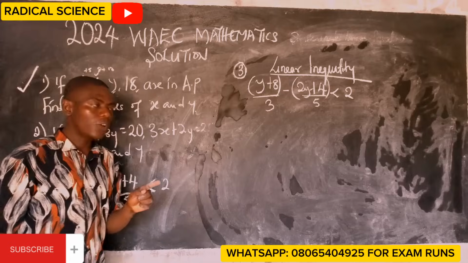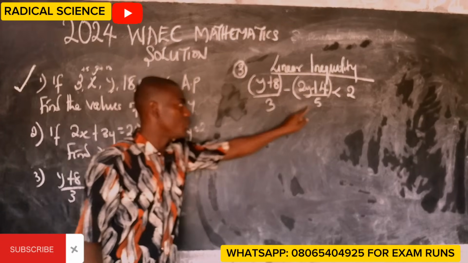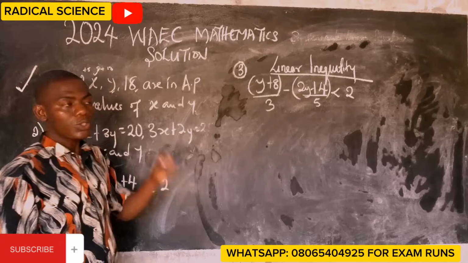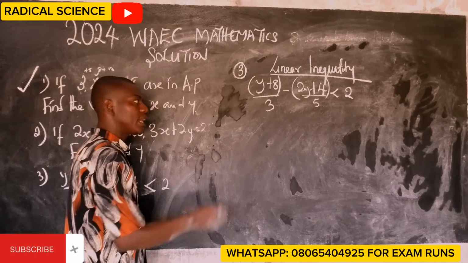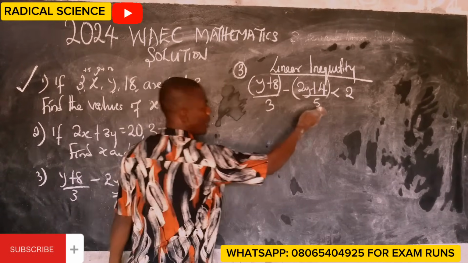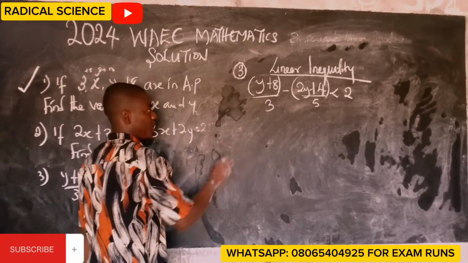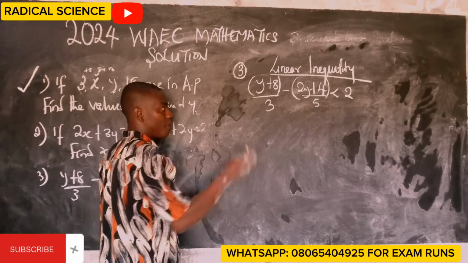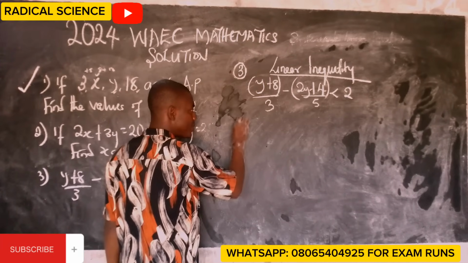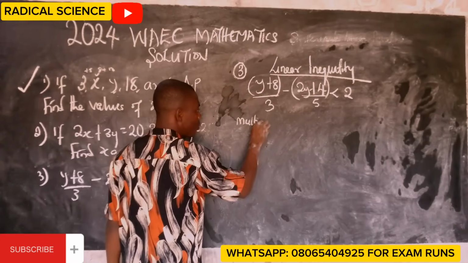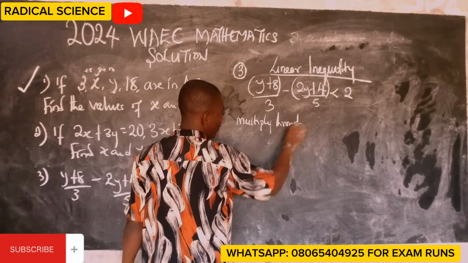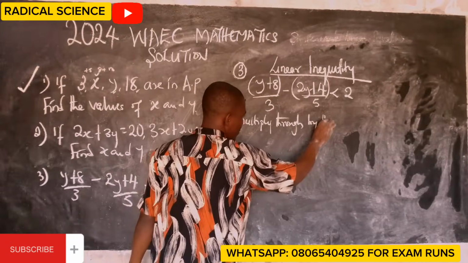The first thing you are going to do is to remove the denominators by multiplying through by the LCM. You know that the LCM of 3 and 5 is 15. That's from our primary school. We make a statement: multiply through by the LCM.